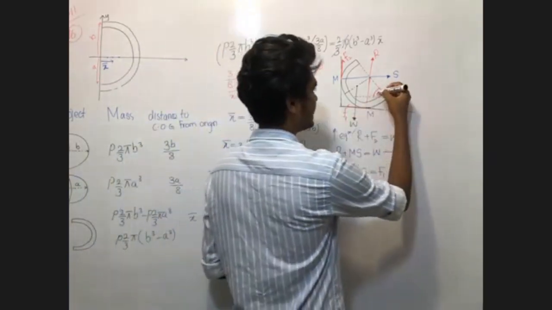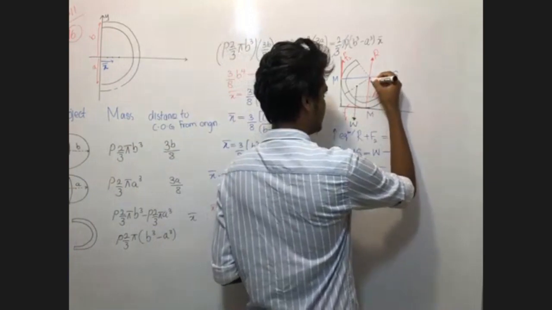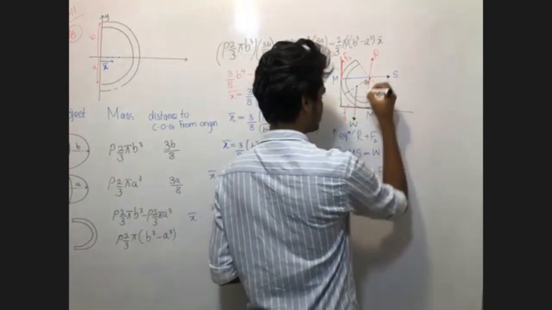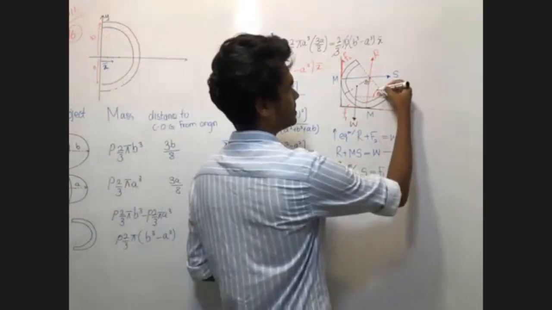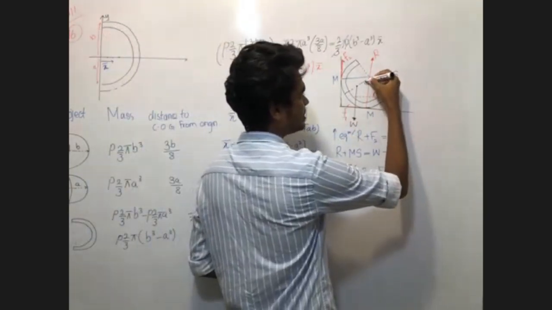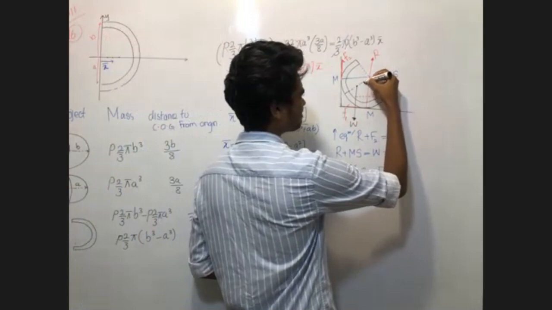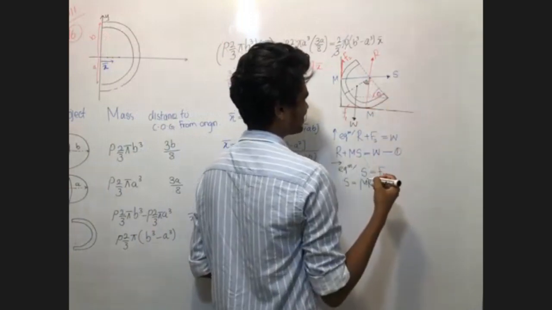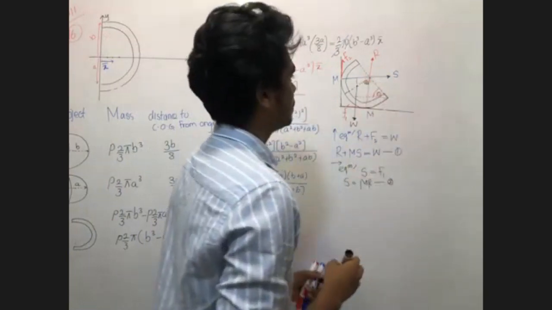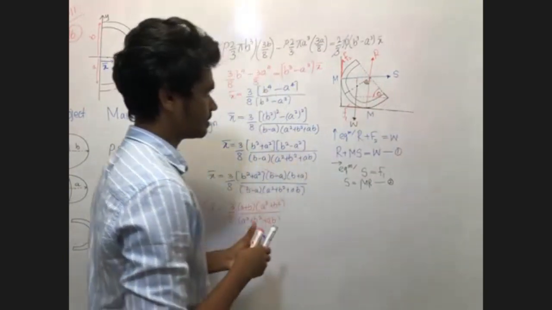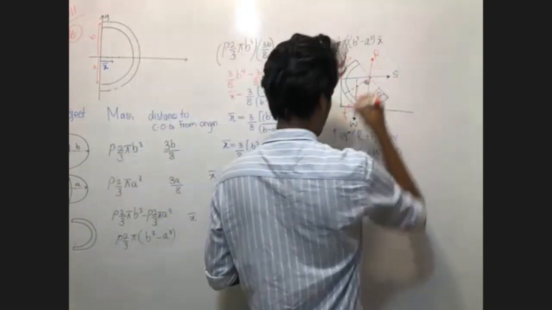So if this is theta, this is 90 minus theta, this is theta, right? So what is this? This is X bar.